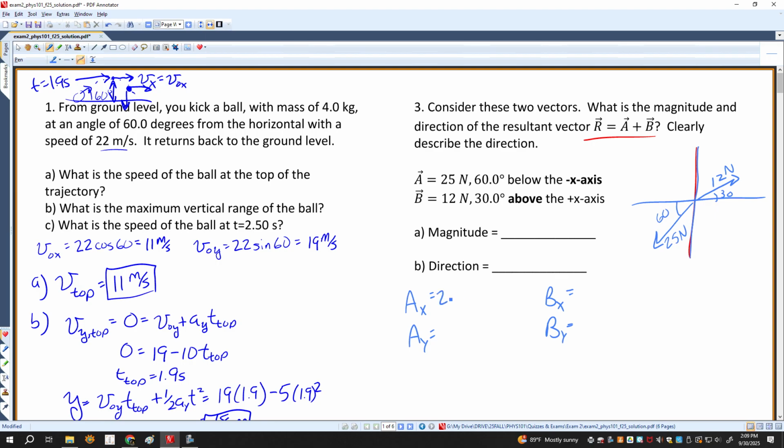That's going to be 25 cosine of 60, 25 sine of 60, 12 cosine of 30, and 12 sine of 30. So we'll just call that 13 to keep proper sig fig. So 13 newtons. This is 22 newtons.